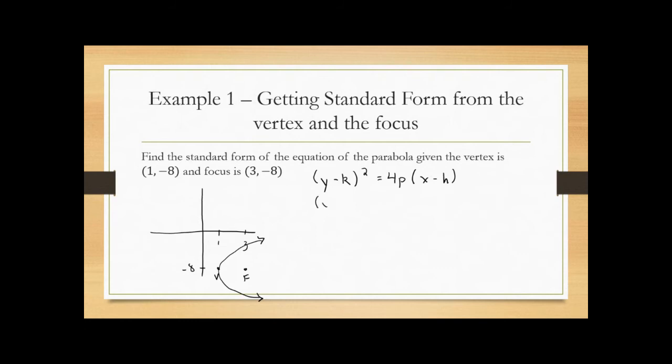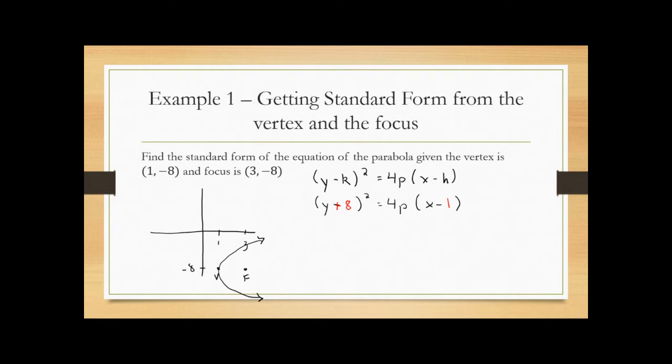So I've got y minus, and the y value of the vertex is -8, so that's actually going to turn into +8, because you're subtracting a negative. Squared equals 4 times p, and then we have x minus the x value of the vertex, which is 1, so x minus 1, and then I close my parenthesis.